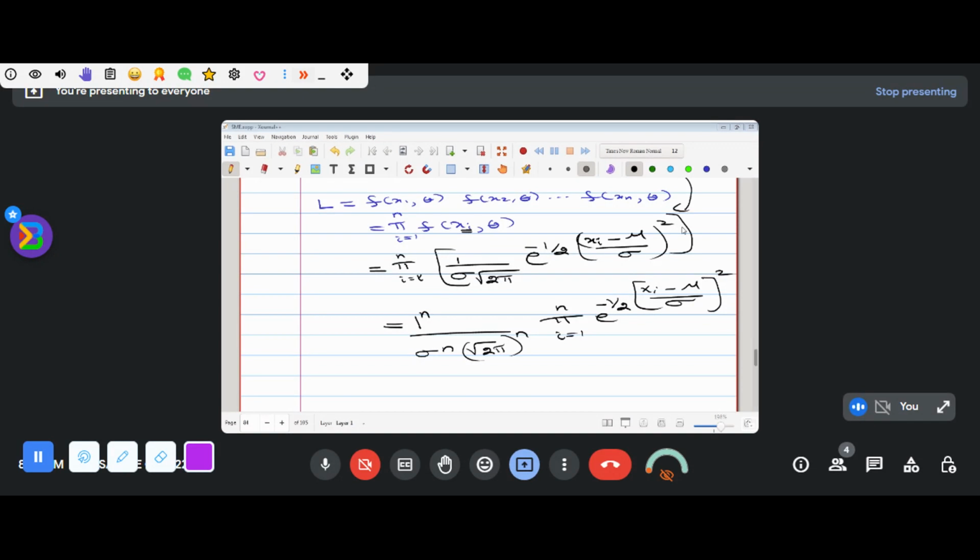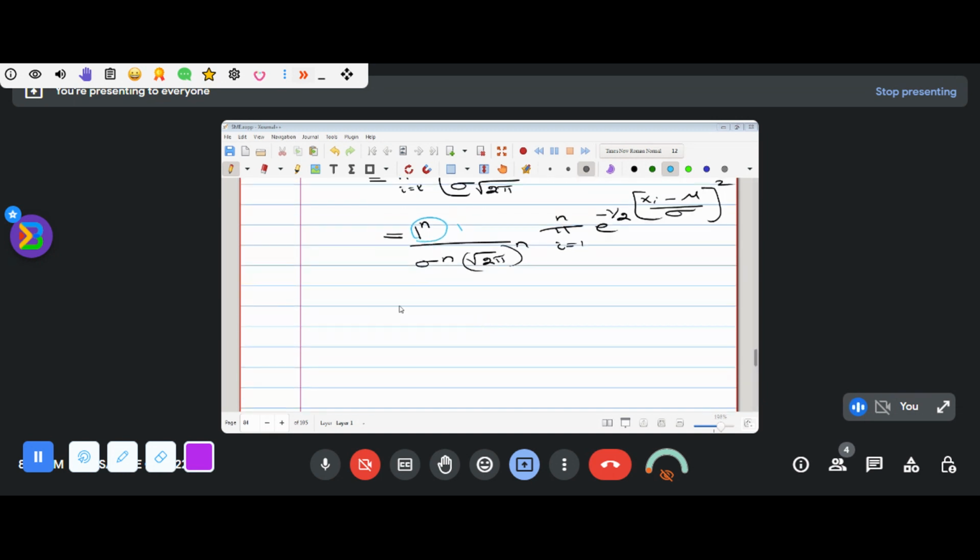You know 1 power n is 1 only. Therefore this result can be written as 1 divided by sigma root of 2 pi, whole power n, into the product, i from 1 to n, of e power minus 1 by 2, xi minus mu divided by sigma, the whole square. Now this is L, the maximum likelihood function.